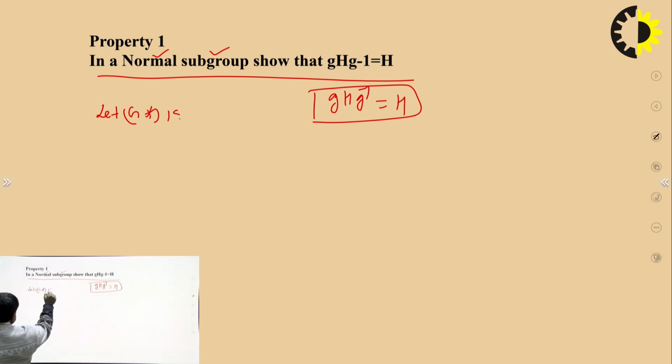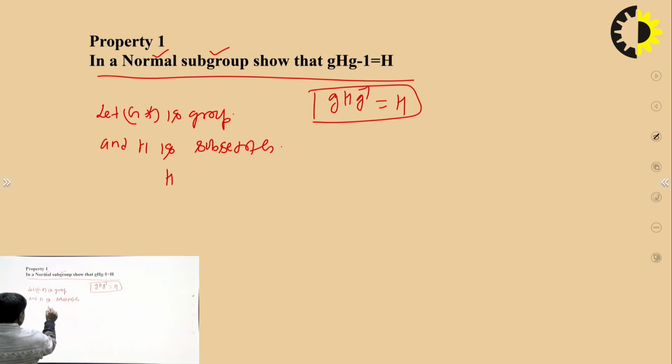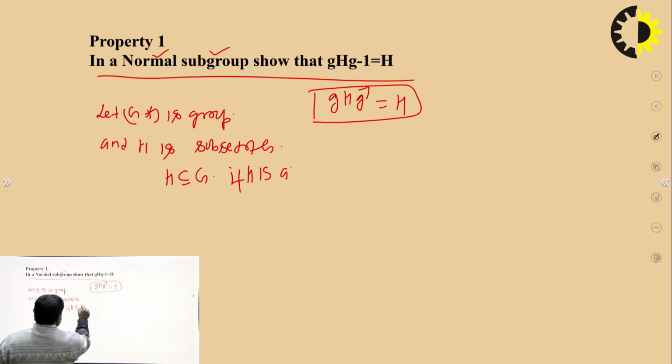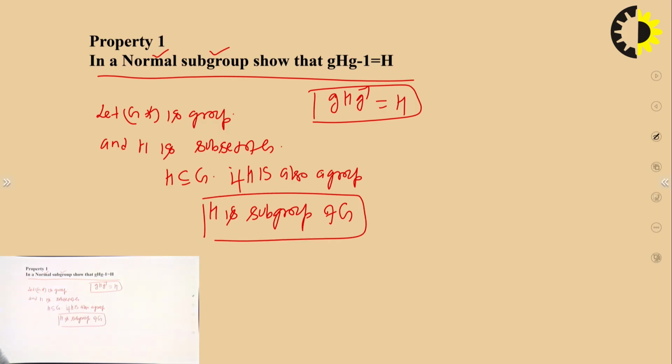Let (G, star) be a group and H a subset of G. If H is also a group, and the properties of a group we already discussed hold, then we can say that H is a subgroup of G. So G is a group and H is a subset of G. If H also follows the properties of a group, then H is a subgroup of G.